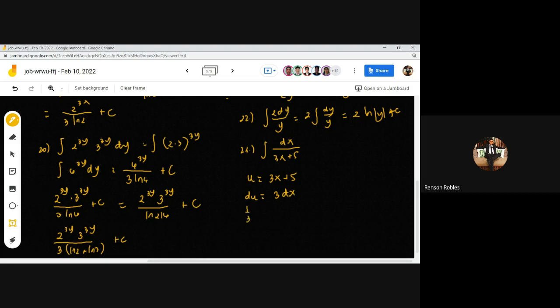So 1/3 du is dx. This can be written as the integral of 1/3 du all over u.